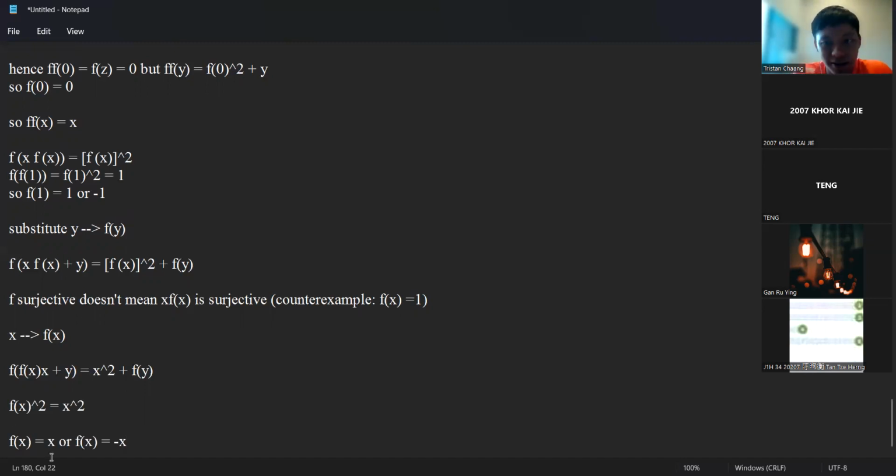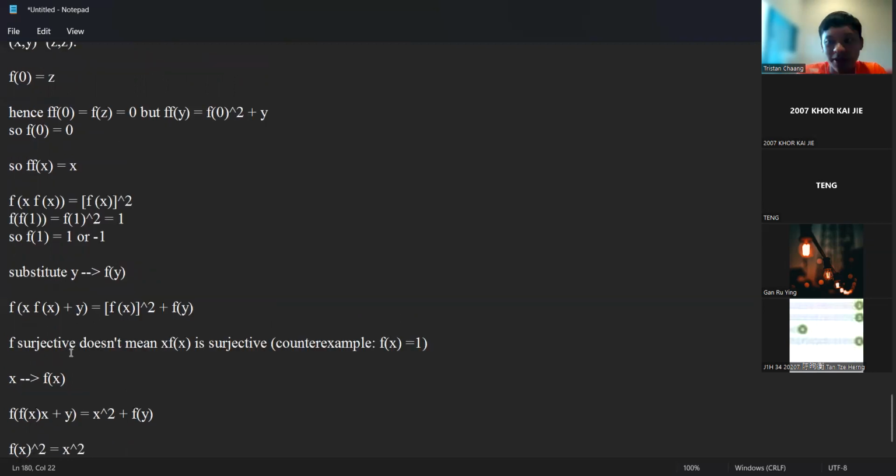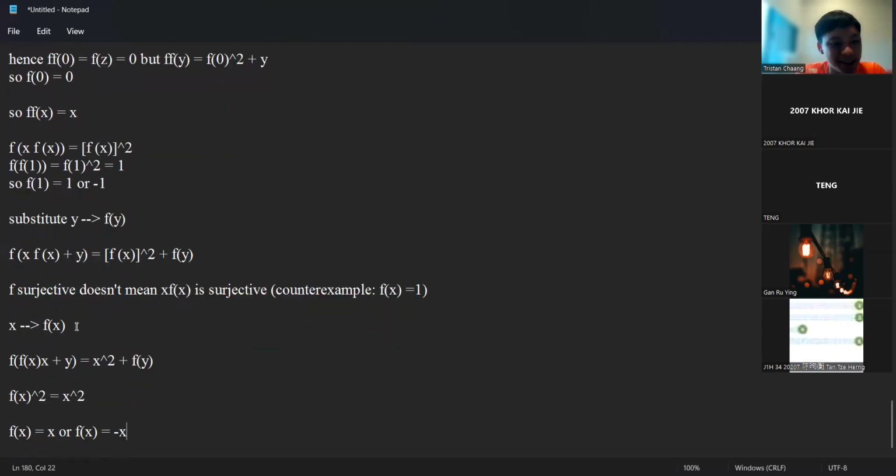And we'll try to avoid that happening. Okay, so yeah, this is quite important because it directly transforms this into that.